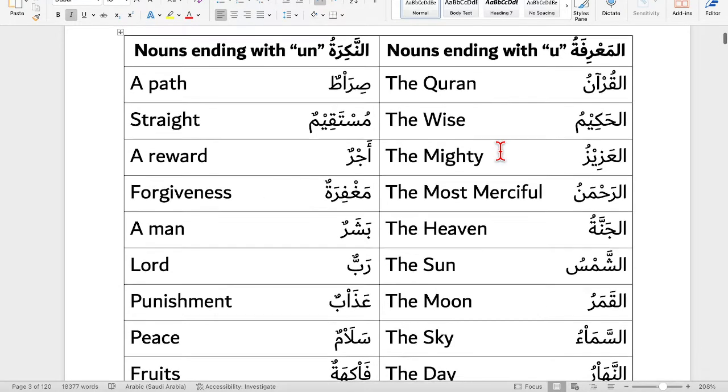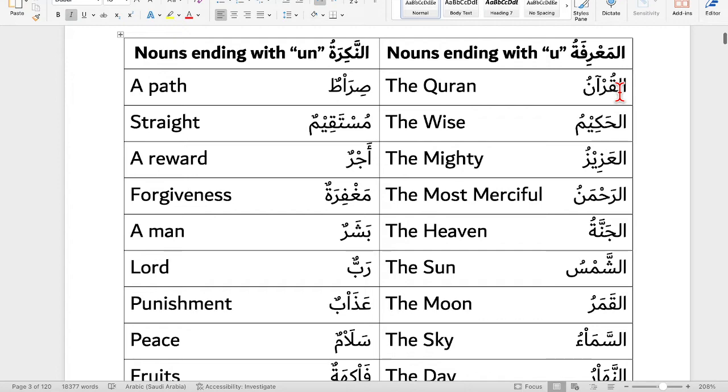So if we attach al to the nouns, or the ism, you will see that there is no word with the un or any other sound. So Quranun will become al Quranu, the Quran. Hakimun with al becomes al Hakimu, the wise.